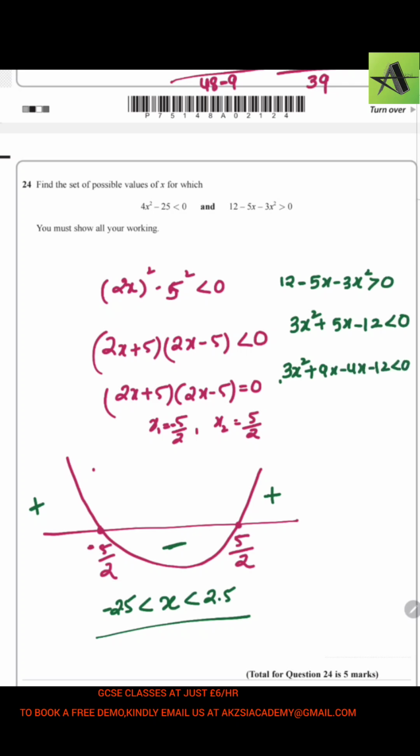Now I'll make pairs. Taking out 3x as common, (x + 3) is the answer, and taking out −4 as common, (x + 3) is the answer. So finally (3x − 4)(x + 3) < 0.